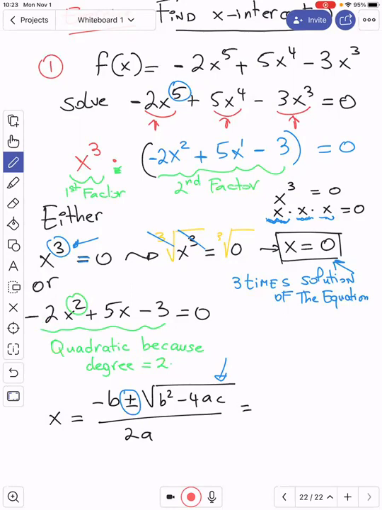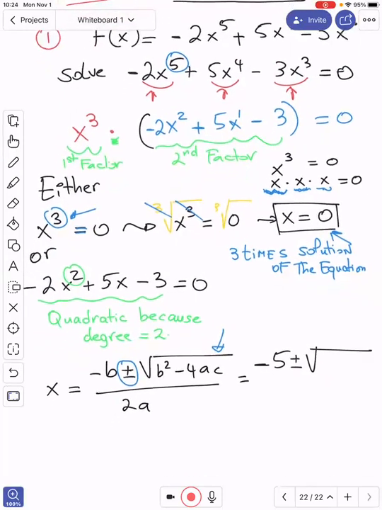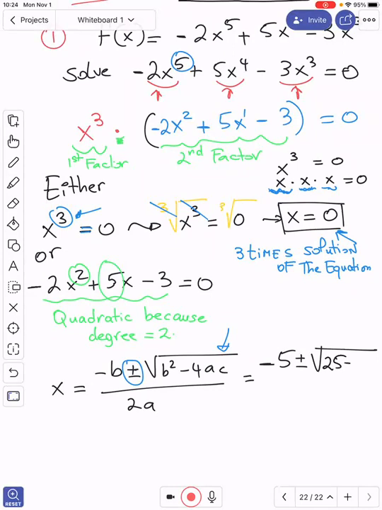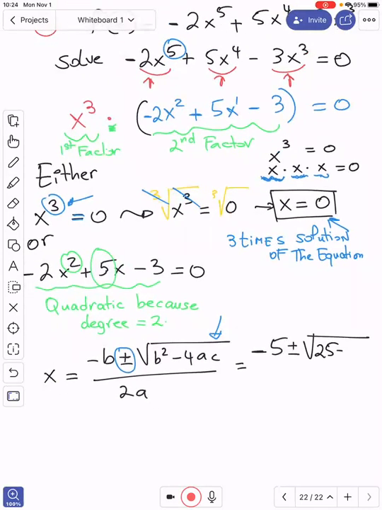So it's minus b, so it's minus 5, right? Plus or minus the square root. b squared, b is, again, 5. Right, this is our b. b squared, that's 5 squared, that would be 25. So here's my 25 minus, of course, 4 times a. a is -2, don't forget the negative.